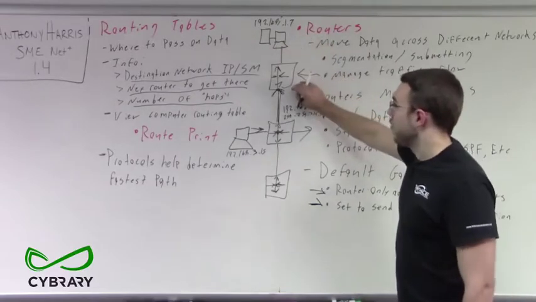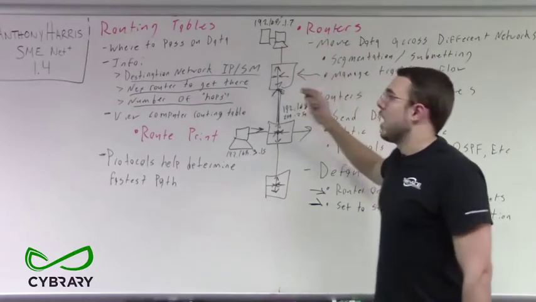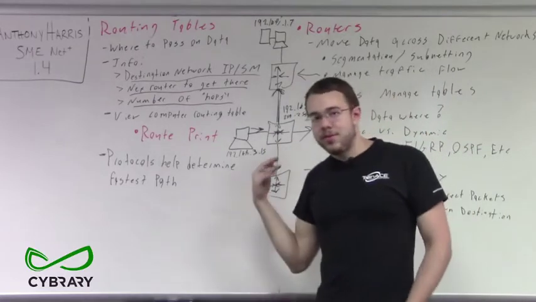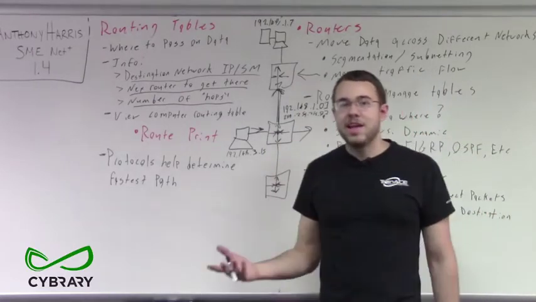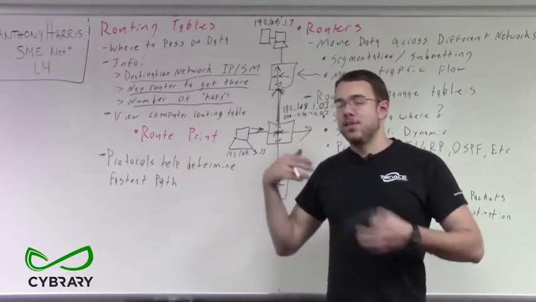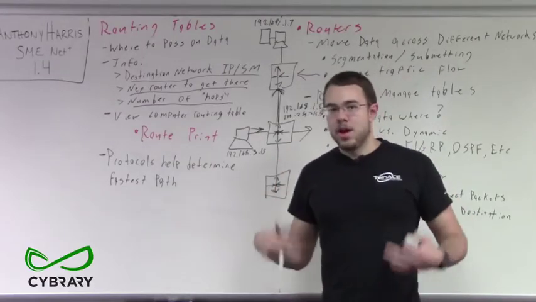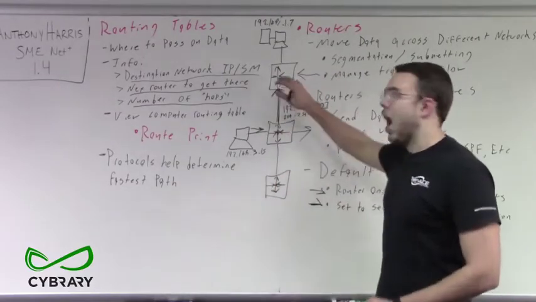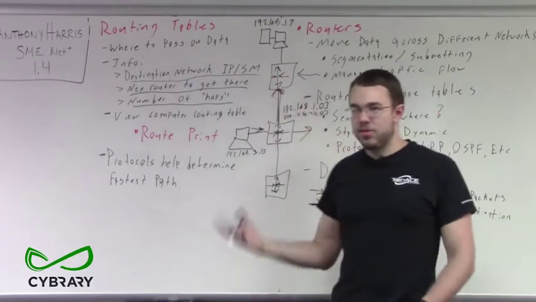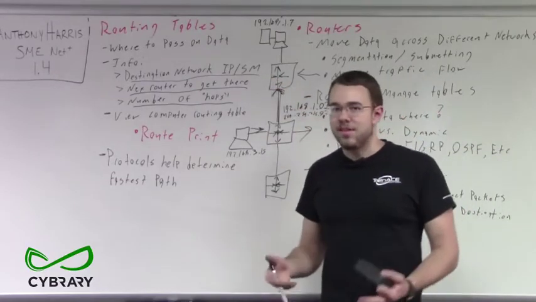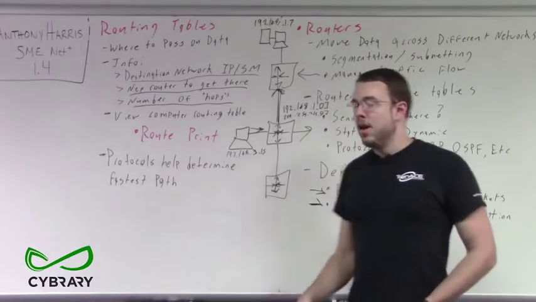I'm going to take this path with this one hop. Now again, we mentioned that we have different routing protocols which indicate to us the best way to get to a different router. But in this case, we're just taking hop count into consideration, and we will discuss a routing protocol which just takes hop counts into consideration.